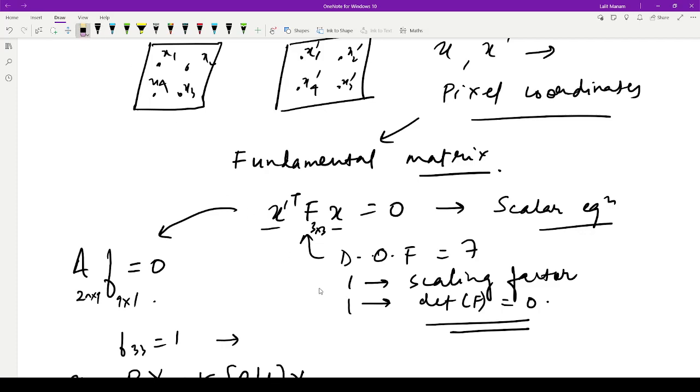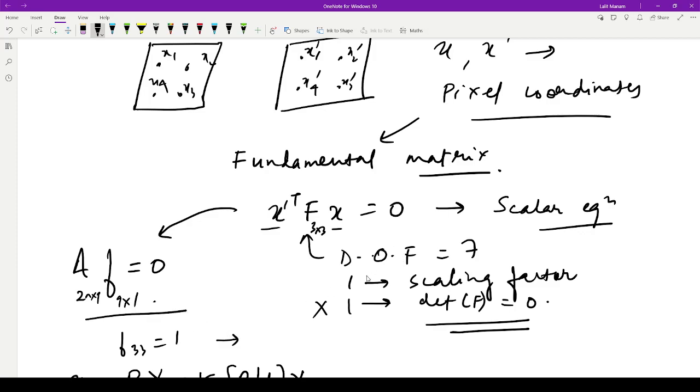In general, it is degrees of freedom plus 1 point correspondences if there is a scaling factor involved. No, for this specific case, I said it the other way around actually. We did not consider determinant of F equals 0 explicitly when you try to solve A f equals 0. So if you write A f equals 0, there is no constraint on it.